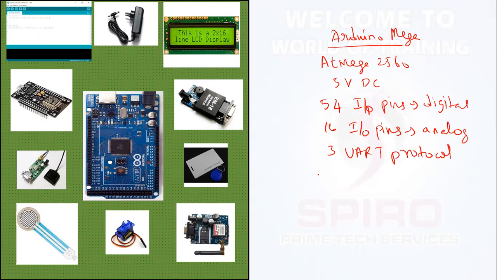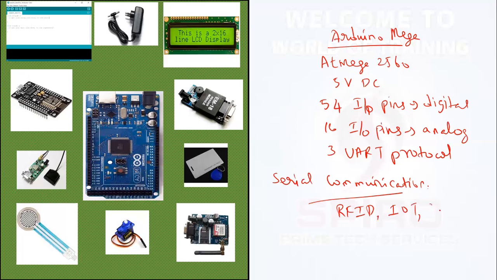In our project, serial communication is used for RFID, IoT, GPS, GSM, and MATLAB. RFID is receiver, IoT is transmitter, GPS is receiver, GSM is transmitter, and MATLAB is transmitter. So we can use these serial communication devices in Arduino Mega.